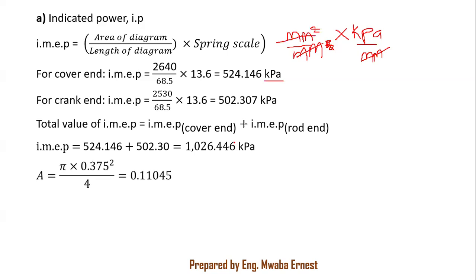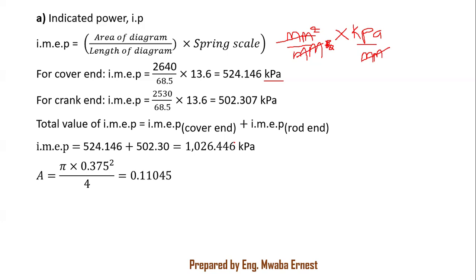What about the cross-sectional area? We're given the bore diameter for this engine being 375 millimeters. So we're going to use pi d squared over 4. So pi times 0.375. If you have to convert 375 millimeters to meters, as usual, you divide by 1,000.